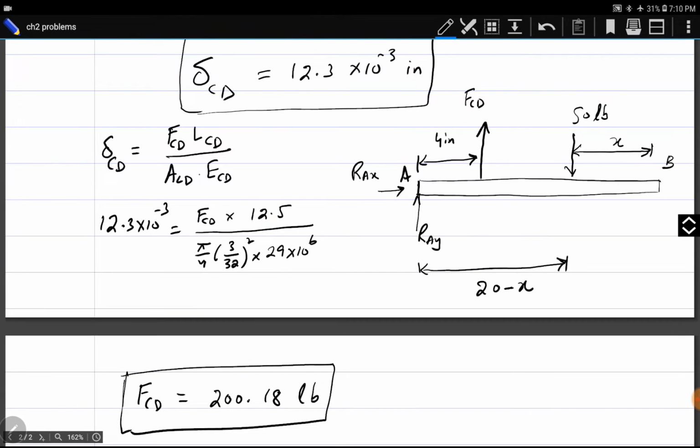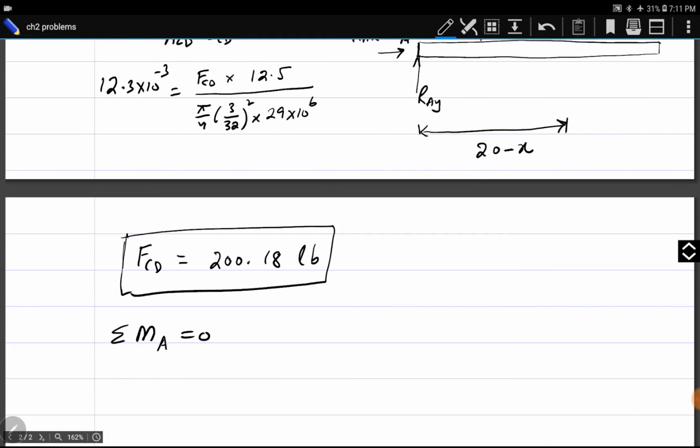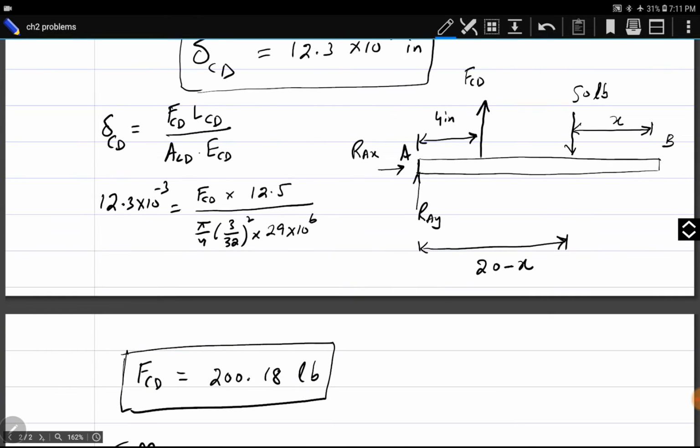This force FCD is producing counterclockwise moment around point A, and the 50 pounds force is producing clockwise moment around point A. If I consider the counterclockwise moments positive, then FCD into 4 inches minus 50 pounds into 20 minus x inches.